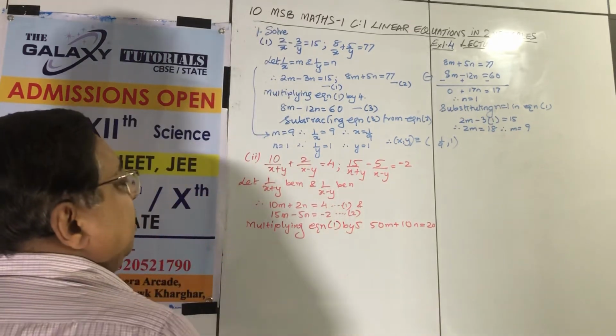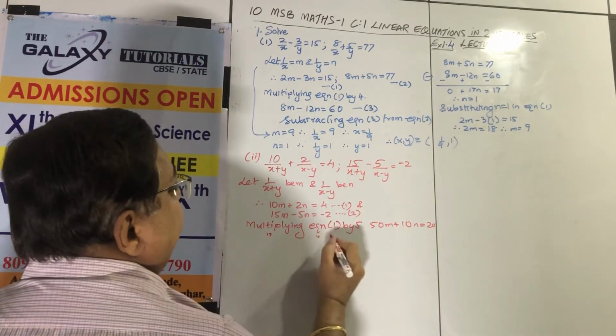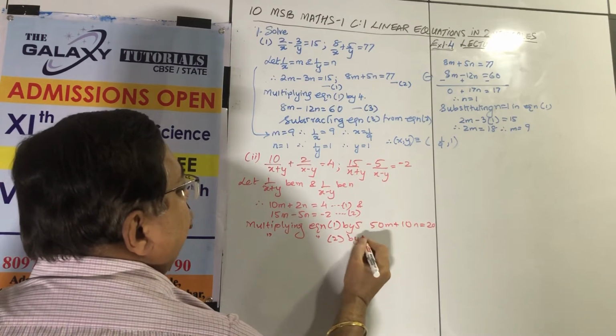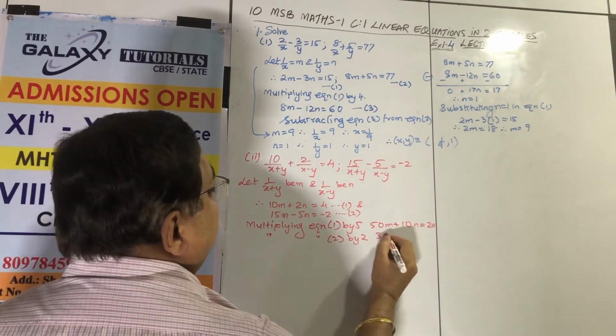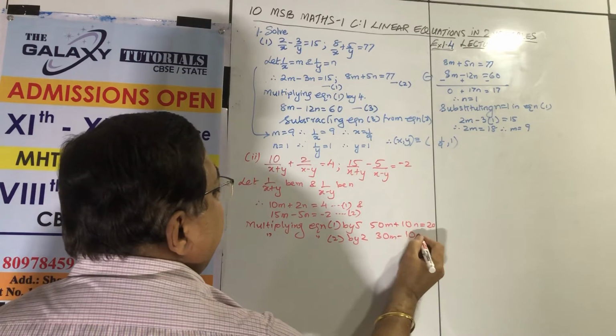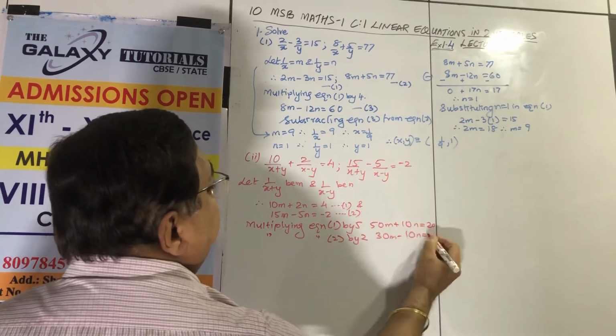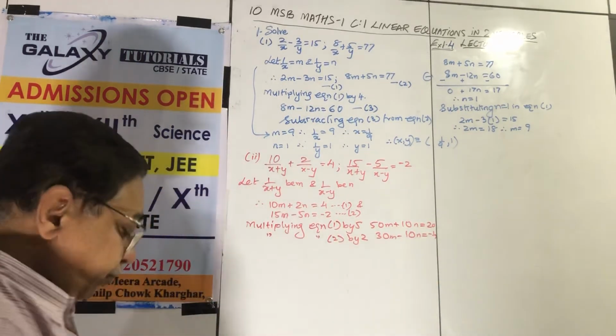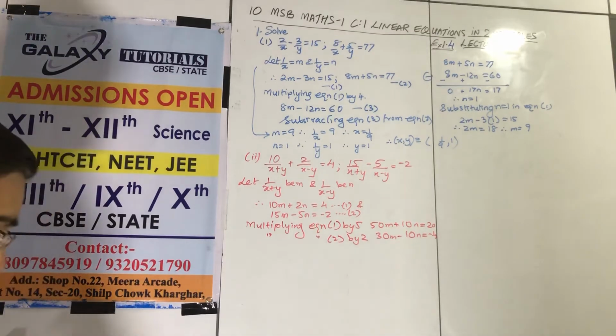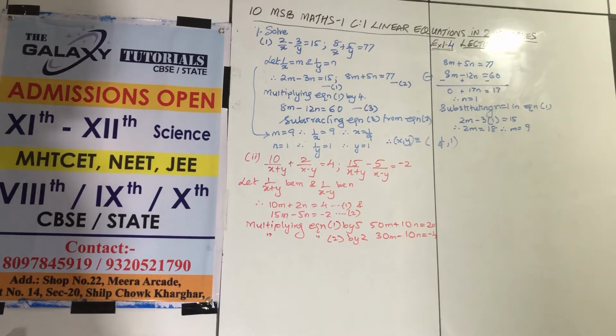Okay, my friends? And multiplying equation 2 by 2, I will get 30m minus 10n is minus 4. Perfect, my friends? Easier to do, moving very fast and very easy.